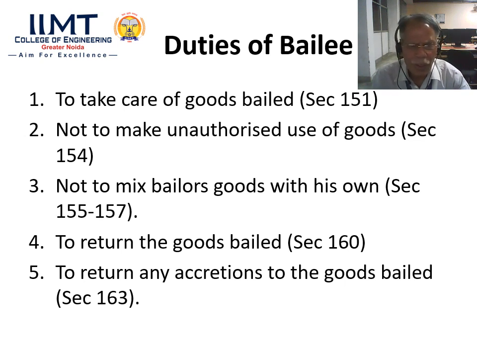It is forbidden because the goods have to be returned in the condition that they were received by the bailee. Another duty of the bailee is to return the goods bailed. Under section 160 of the Indian Contract Act 1872, the bailee is duty bound to return the goods after the specified period. Then the last one is to return any accretion to the goods.